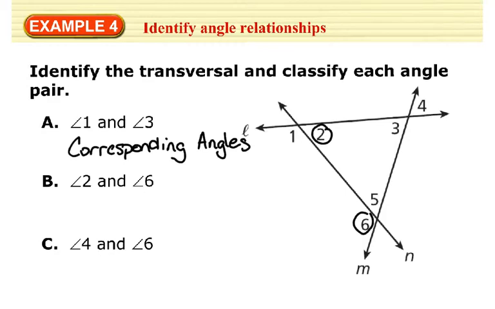We can narrow it down because 2 and 6 do not lie on the outside of our lines L and M. They are on the inside, in the interior. So it's alternate interior angles.